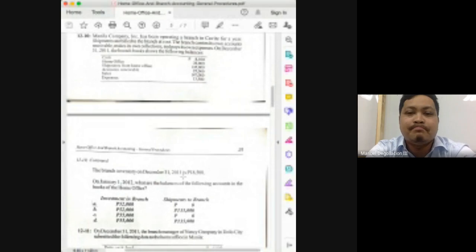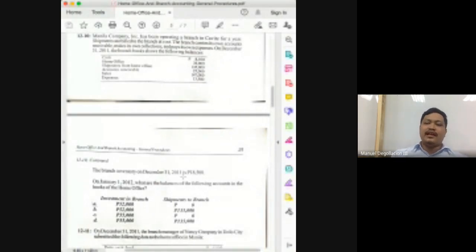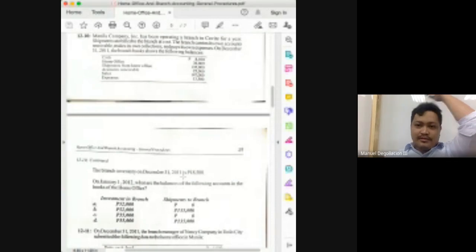Okay, so where do we begin in computing for profit or loss, class? Sales. Is it given? Yes, in the amount of 147,000. What are we going to deduct? Cost of goods sold. Is it given? No. Can it be solved? Yes. How do we normally solve for cost of goods sold?